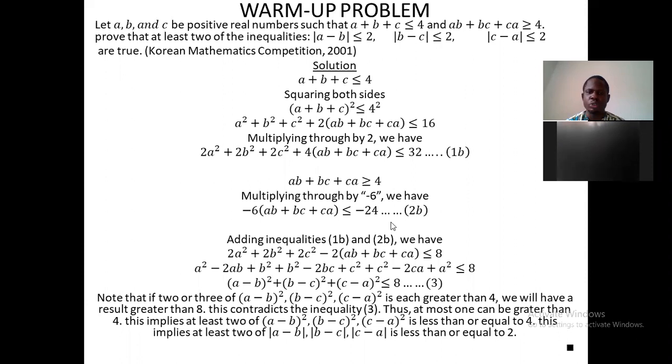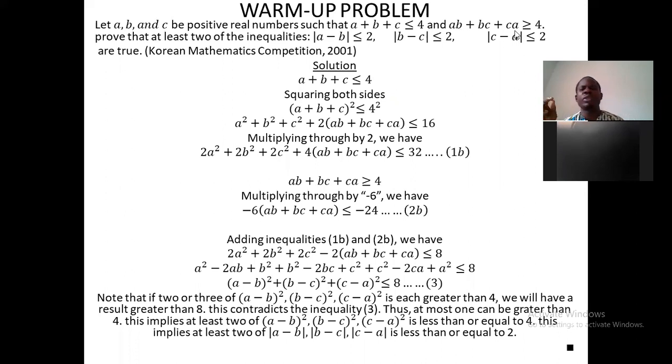When you look at modulus A minus B, B minus C, C minus A, you see you're given AB, BC, CA. Remember in algebra, we came across A plus B plus C all squared, and AB plus BC plus CA is one of the terms we saw there.